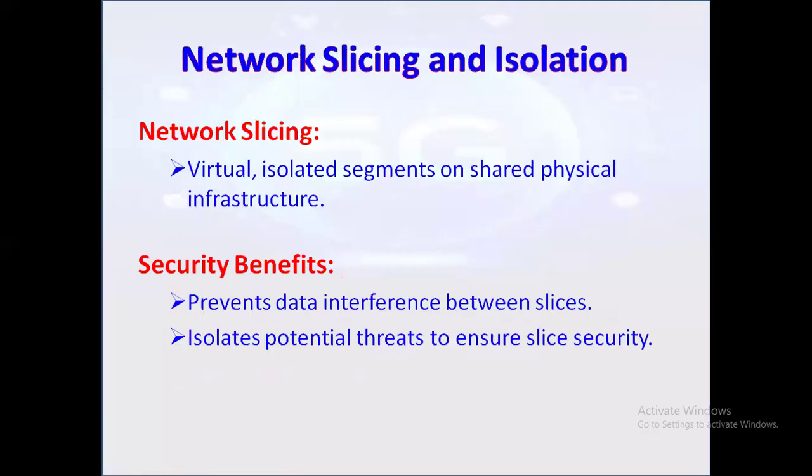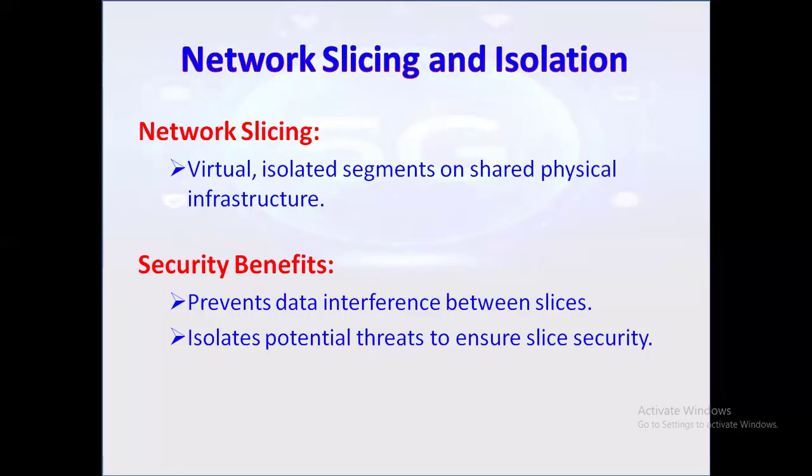Next, network slicing and isolation. This we have seen many times. Network slicing is a pivotal feature in 5G networks, allowing for virtual isolated network segments within a shared physical infrastructure. This segmentation enables different types of services, for example IoT, autonomous driving, or mobile broadband, to run on their own dedicated network slices.